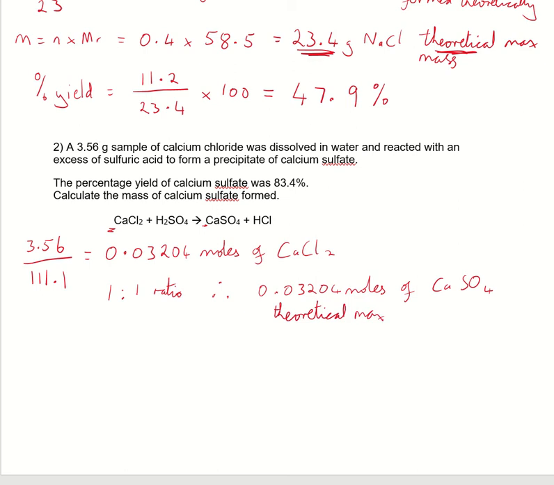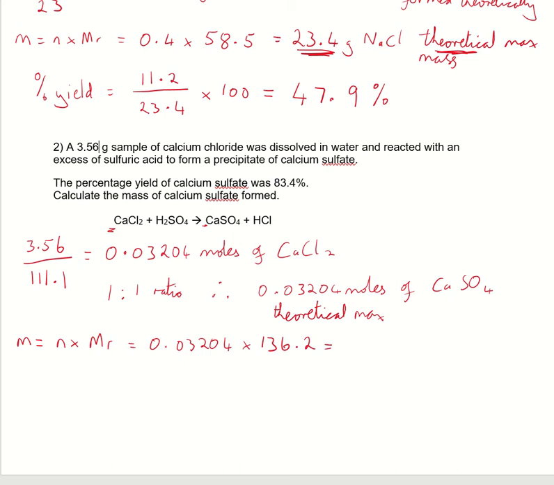And then to get the mass, well, if I know the moles, then I can just use the periodic table to look up the Mr. So the Mr of calcium sulfate, 40.1 plus 32.1 plus 16 times 4, 136.2.